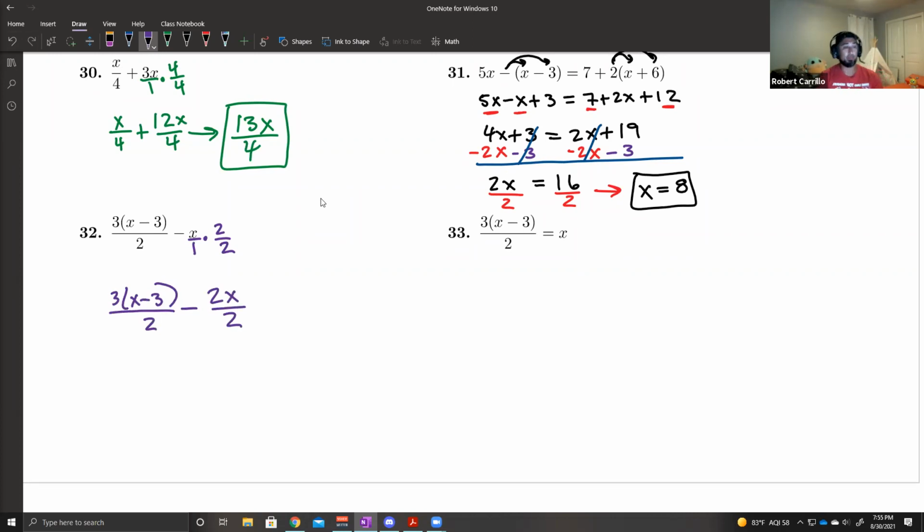And now we can simplify more. We have the same denominators. You can simplify the numerators. Go ahead and distribute that 3. And we get 3x minus 9 over 2 minus 2x over 2. And now put them together.